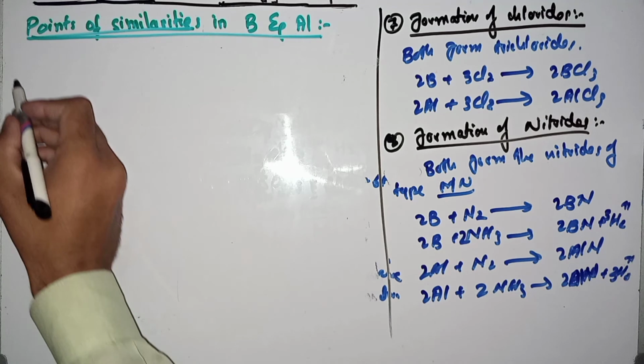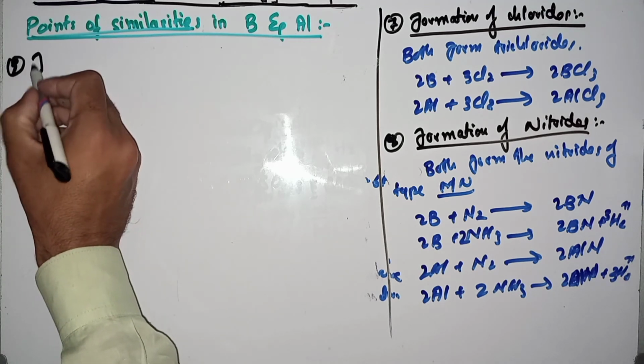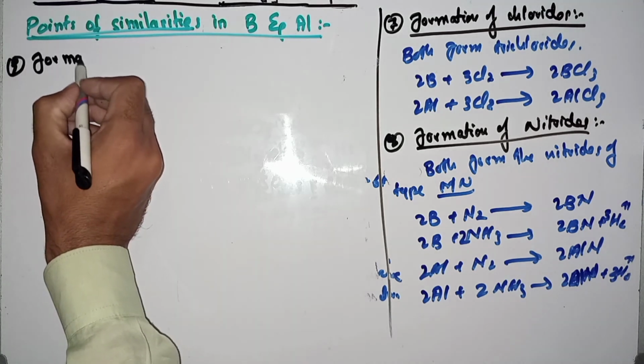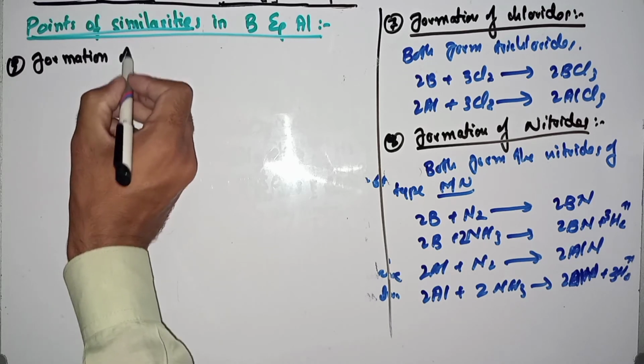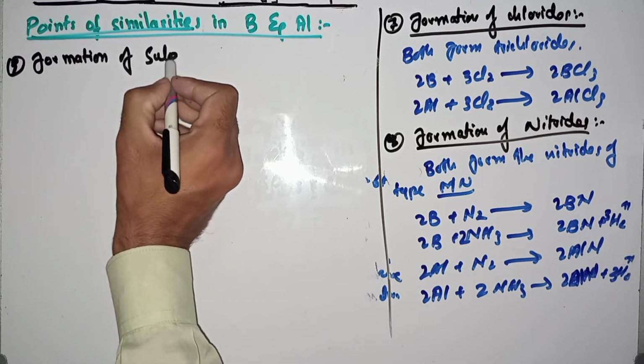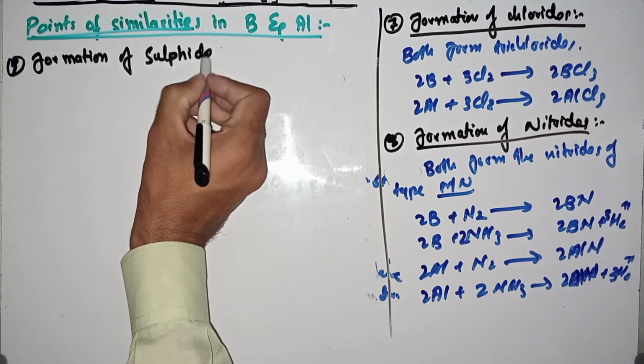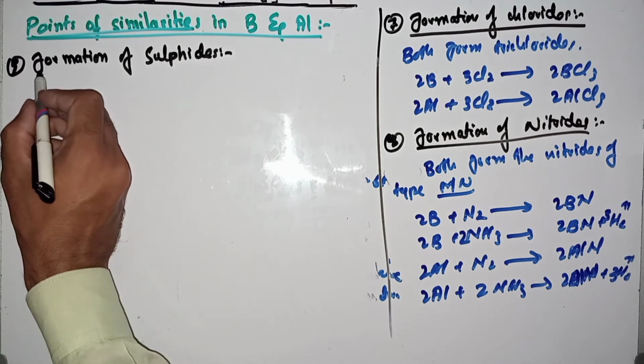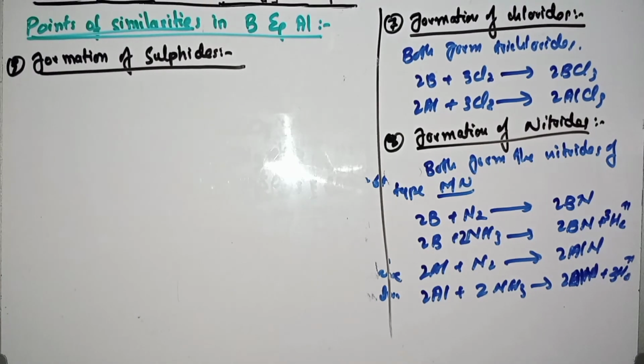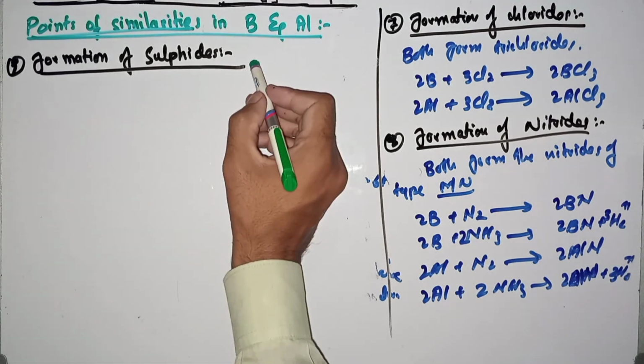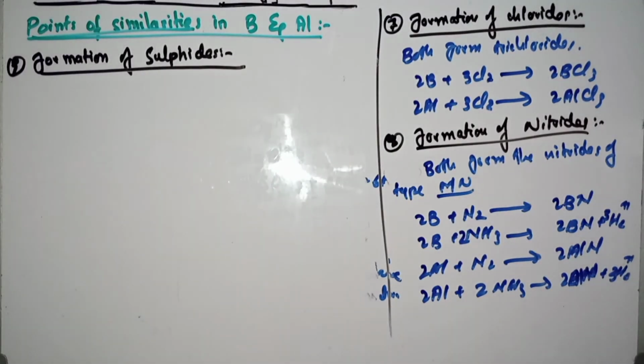So for the next point, that is formation of sulphides. In both cases, both form sulphides of the type M2S3.